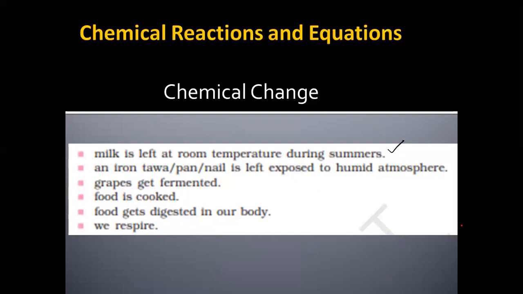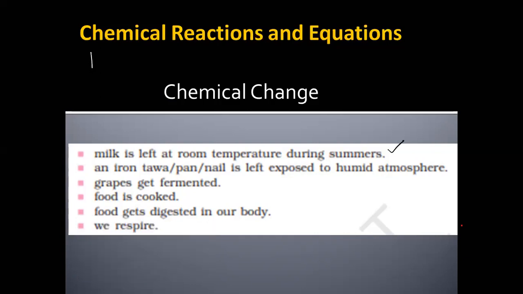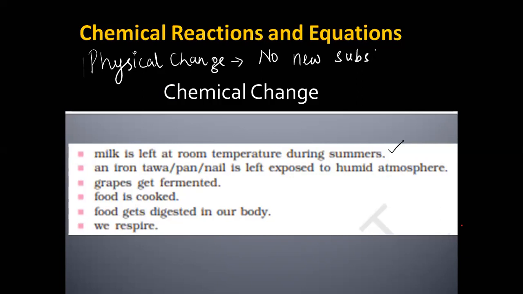You might be knowing that the physical change is not forming a new substance. So I'm just writing here what that physical change is. I'll just write over here that this physical change results in no new substance as the product.